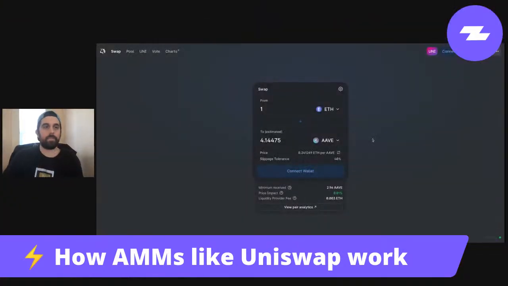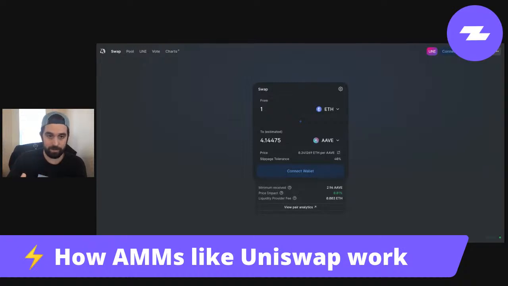All right. So if you've ever used Uniswap or any AMM like SushiSwap or Curve or Balancer, what's important here is that we're using something that allows us to trade cryptocurrencies, but it's permissionless and it's trustless.